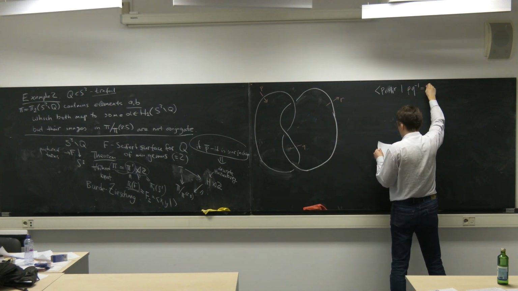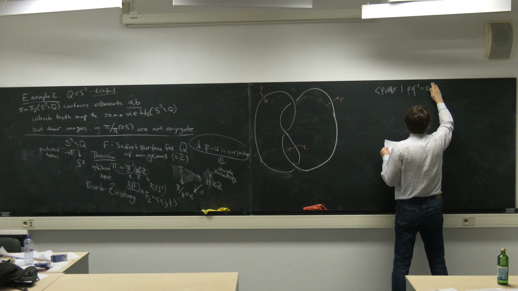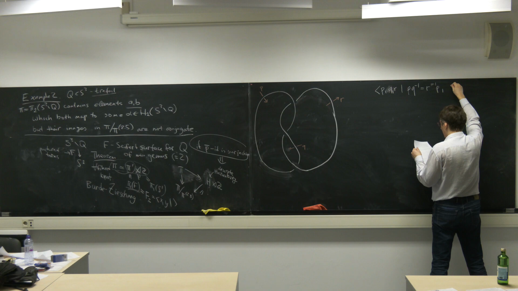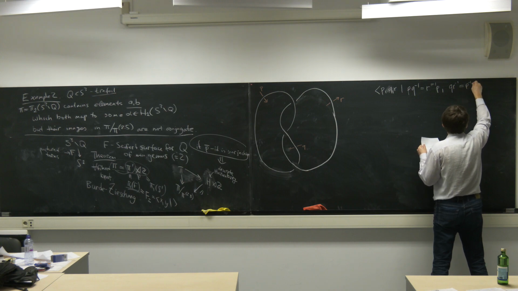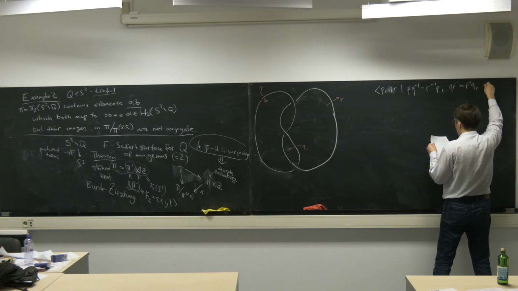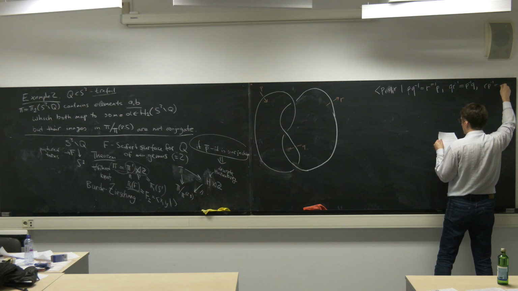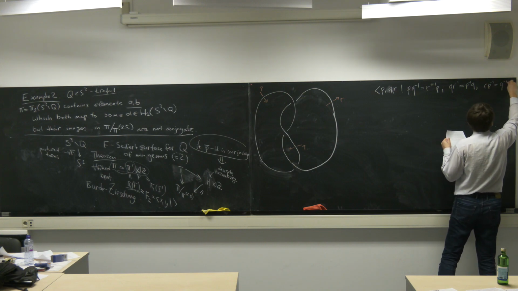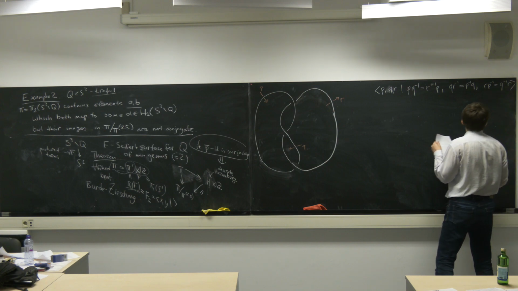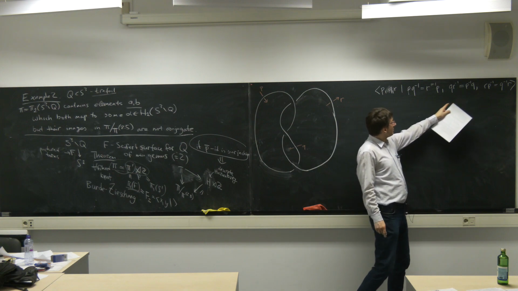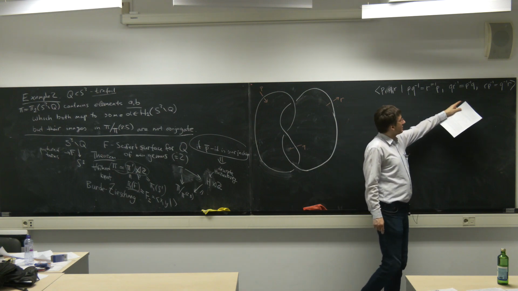PQ inverse equals R inverse P. Q R inverse equals P inverse Q, and R P inverse equals Q inverse R. And actually any one of them is redundant. Any two implies a third one.